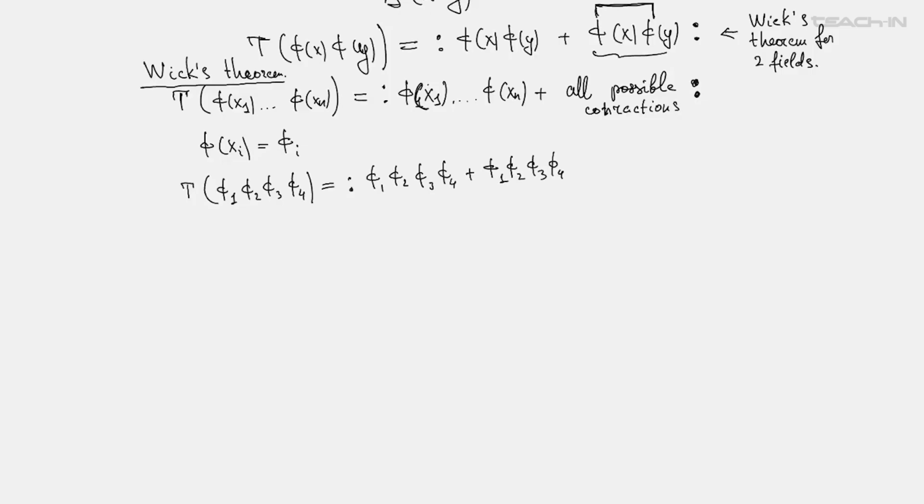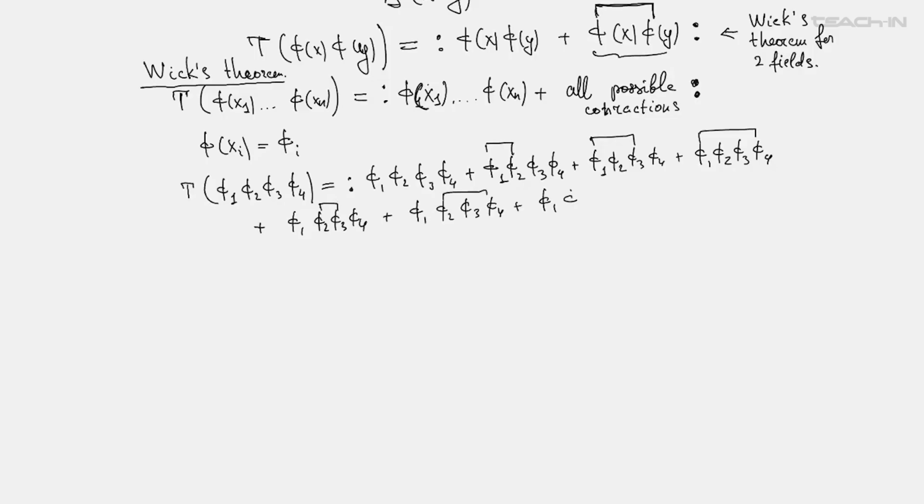So phi 1 with phi 2 contracted, plus phi 1 with phi 3, phi 1 with phi 4, 2 with 3, 2 with 4, and 3 with 4. Then there will be terms with double contractions, because the theorem says all contractions should be performed whenever they can be performed.